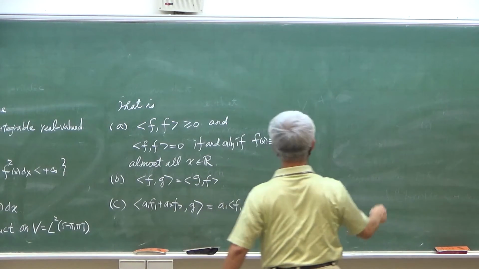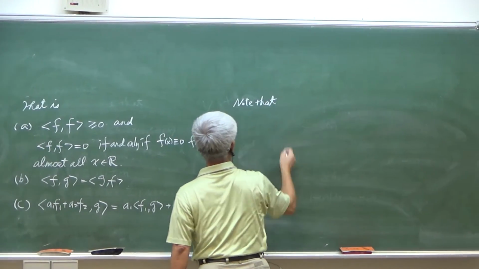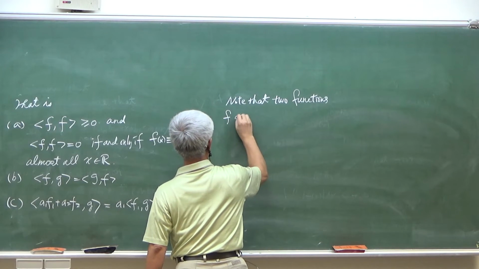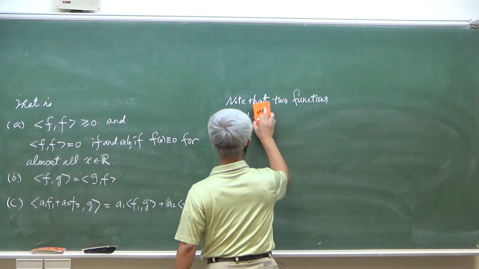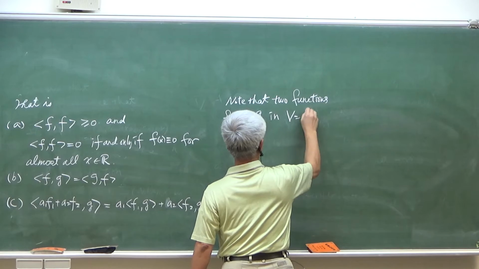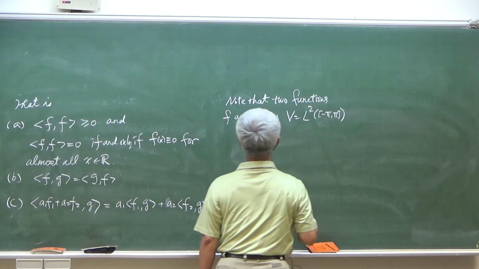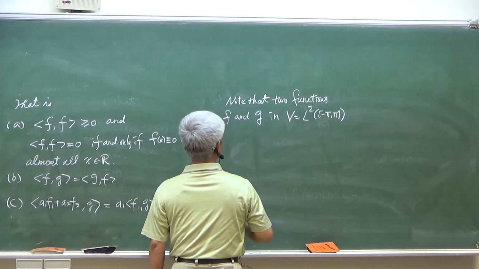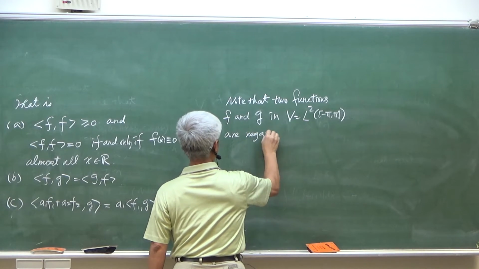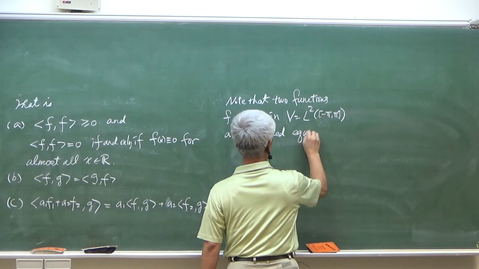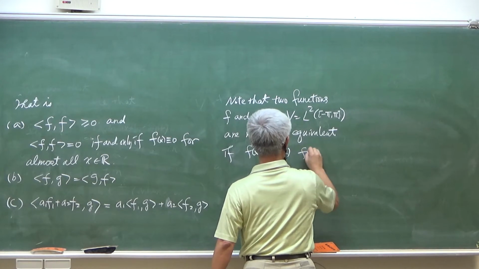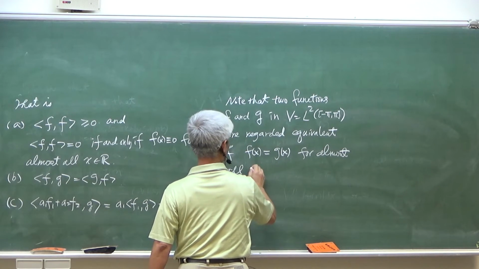Alright, so note that two functions f and g are regarded as equivalent if f of x equals g of x for almost all x.